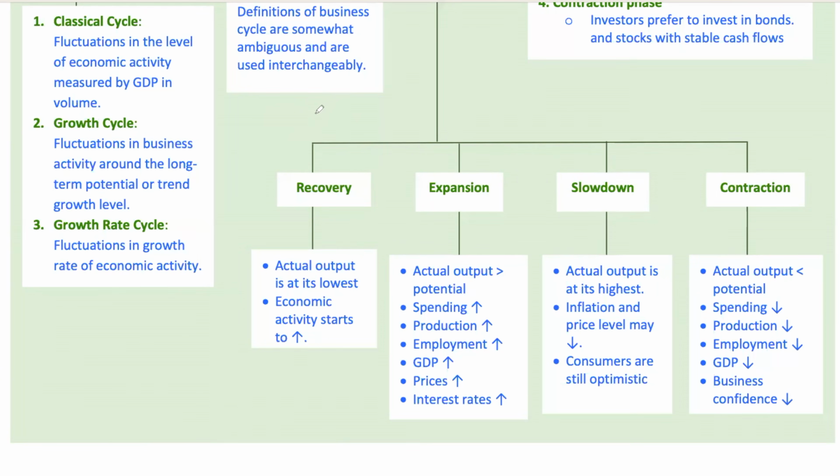If the actual growth rate deviates significantly from this trend, either higher or lower, we can identify these deviations as part of a growth cycle. This helps policymakers and economists make informed decisions about monetary and fiscal policies to stabilize the economy.